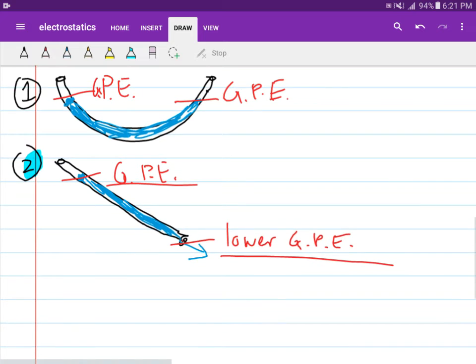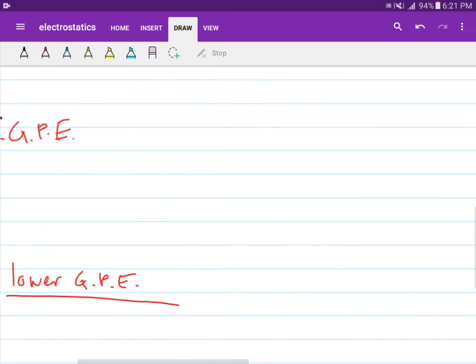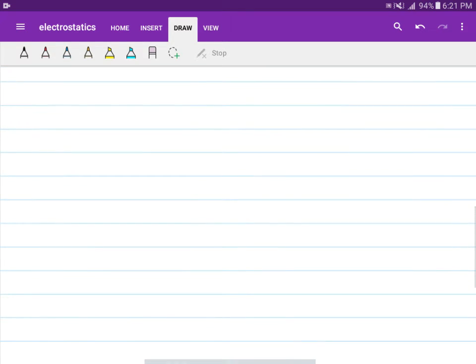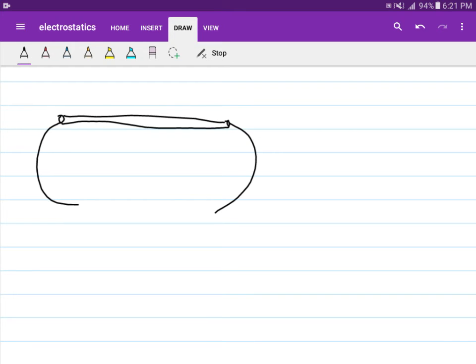So the same thing happens with electric currents. So if you have a wire here and you apply a battery in that wire, there's a battery here.